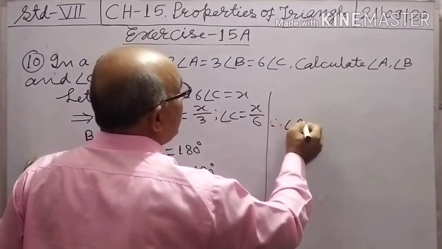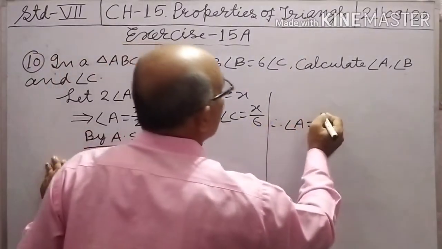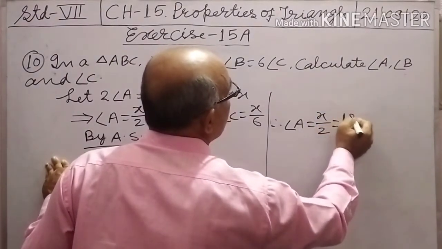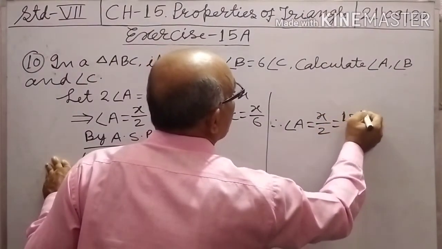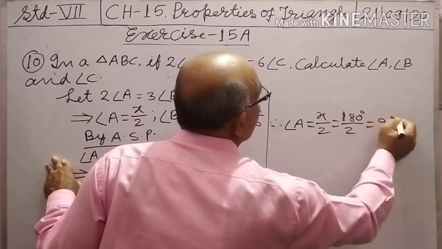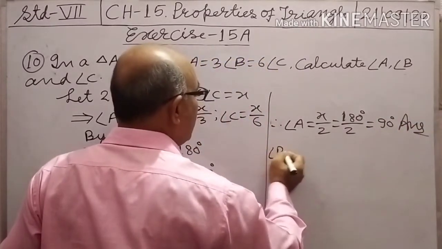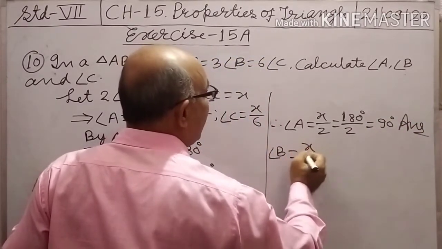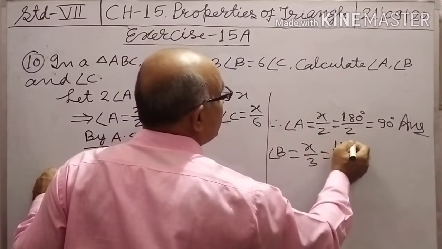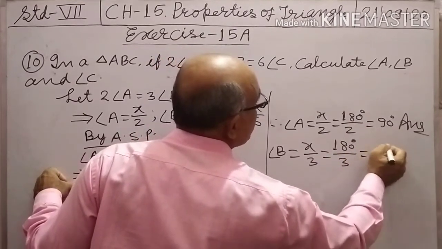Now find the value of angle A. Therefore angle A equal to x by 2 equal to 180 degree by 2 equal to 90 degree. Answer. Next angle B equal to x by 3 equal to 180 degree by 3 equal to 60 degree.